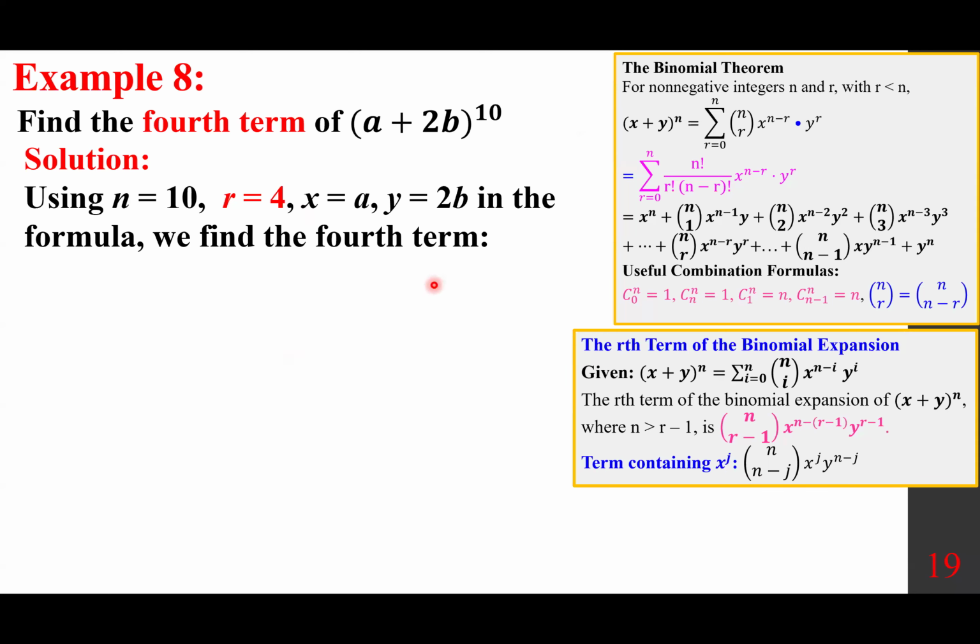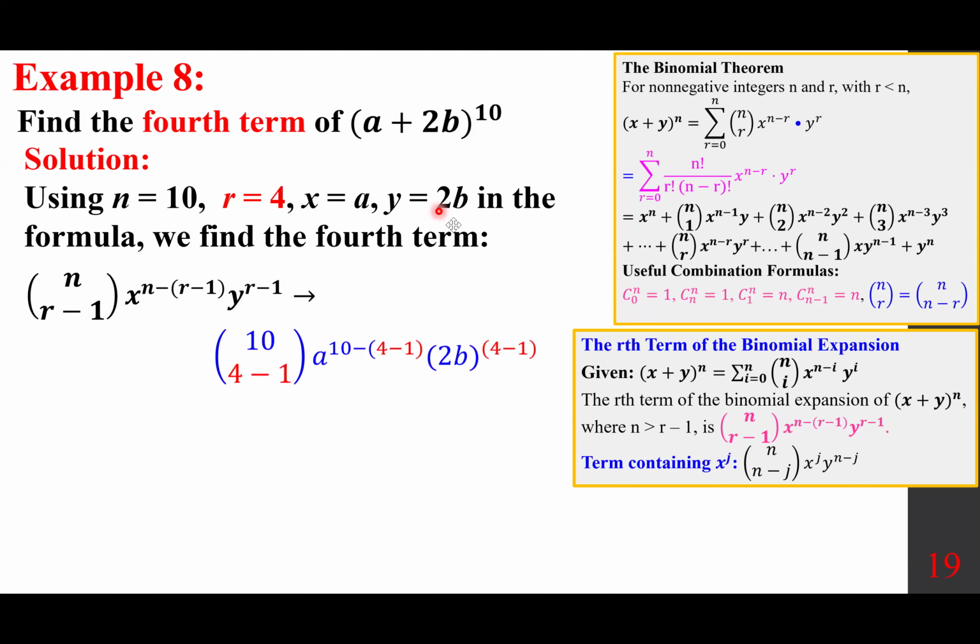The other one is that you follow this formula: n choose r minus 1, x to the power of n minus (r minus 1), y to the power of r minus 1. So replace n with 10, r with 4, x with a, and y with 2b.